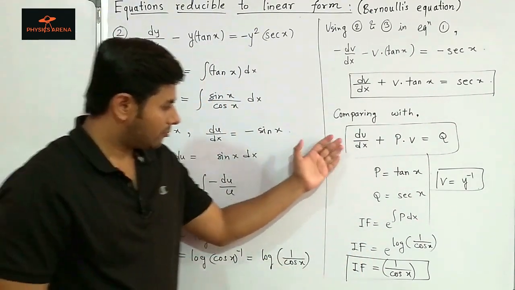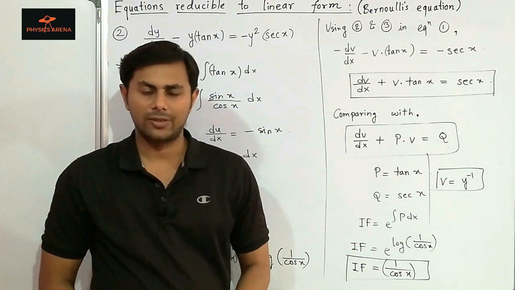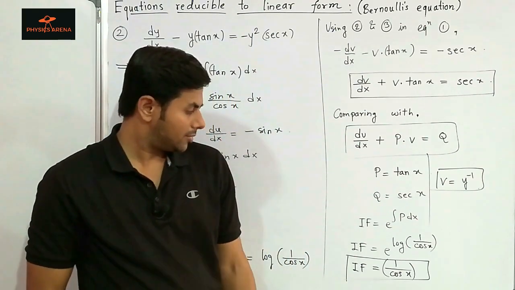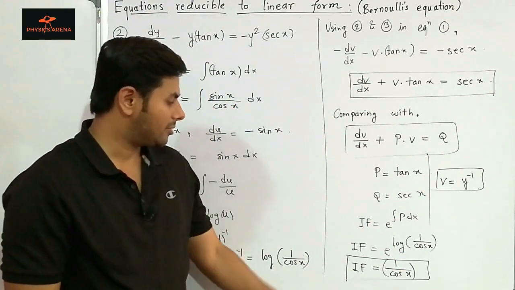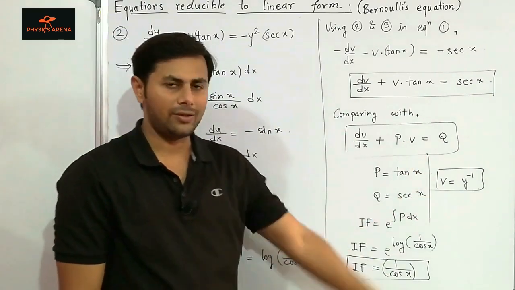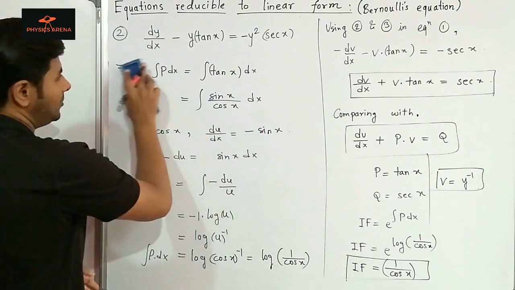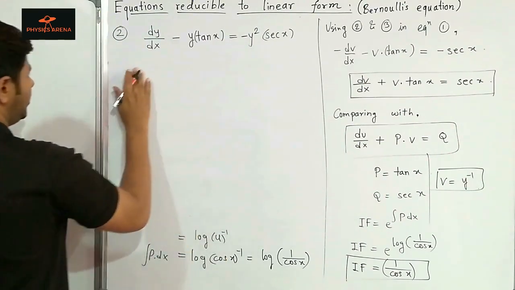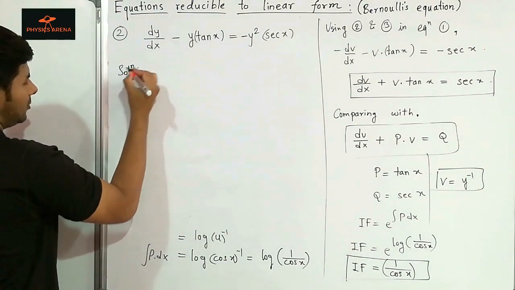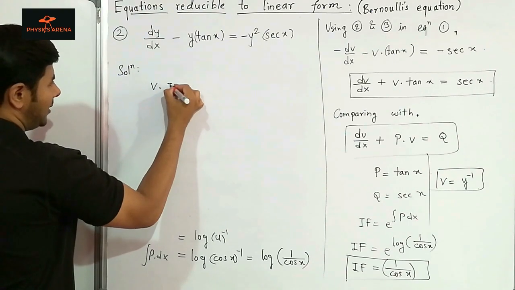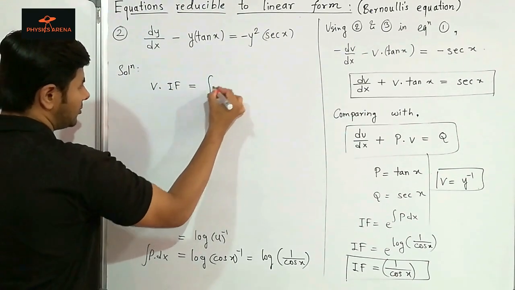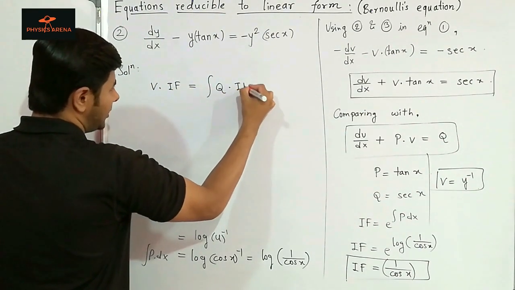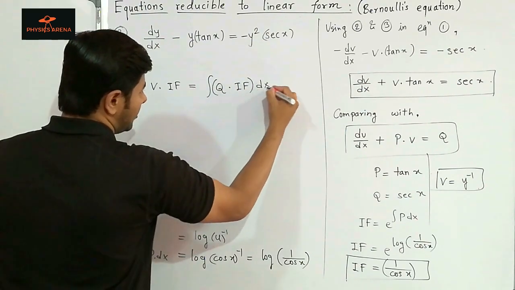So now we got all the information to find out the solution. Now let's find the solution in terms of integrating factor and v. So we know the formula. The solution is v multiplied by integrating factor equals to integral of q times the integrating factor plus c.